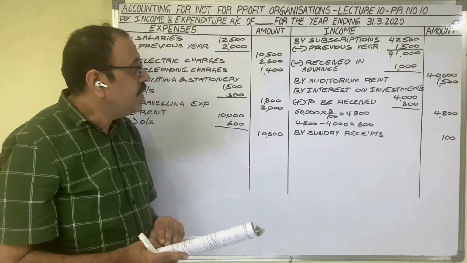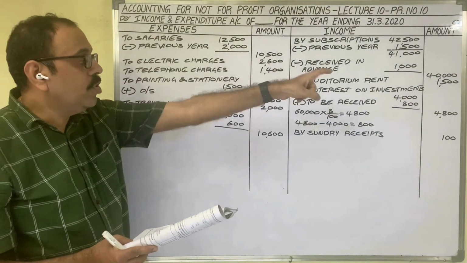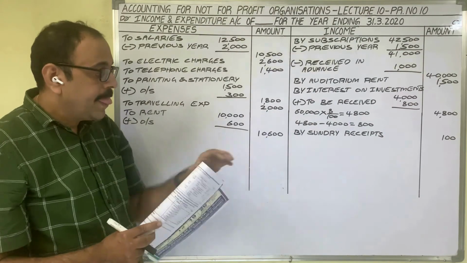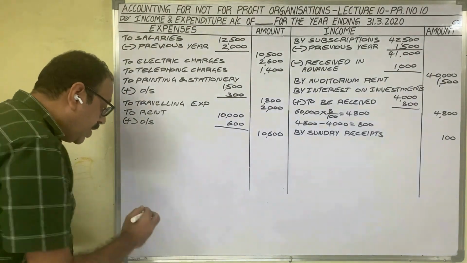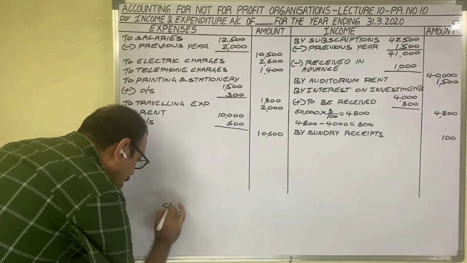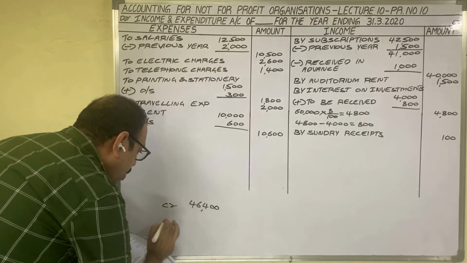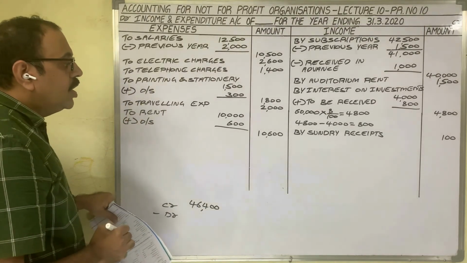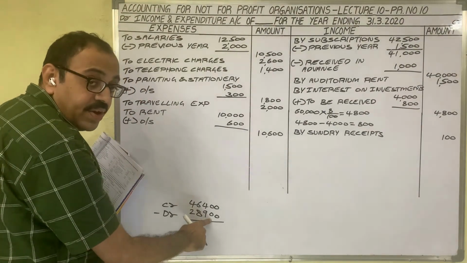For that, you have to observe these two amount columns totals. Credit side amount column total is more. In rough notes, you have to find out the total of credit column. Credit total is 46,400 minus debit total 28,900.